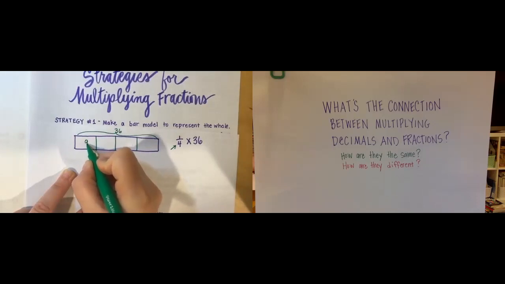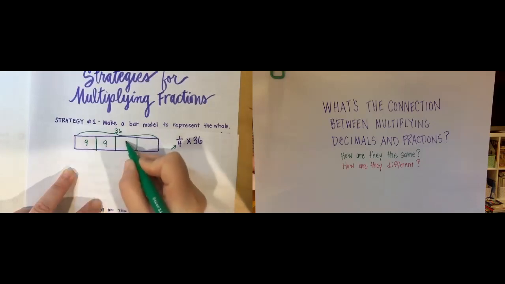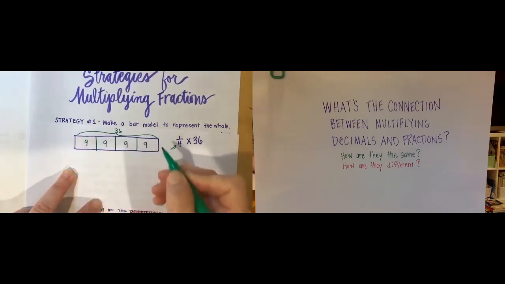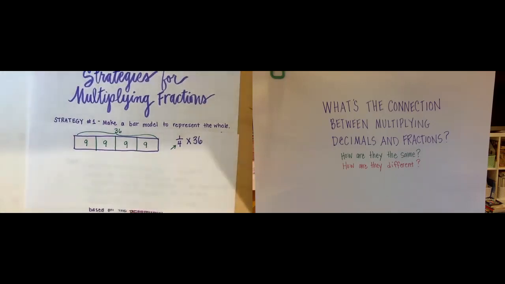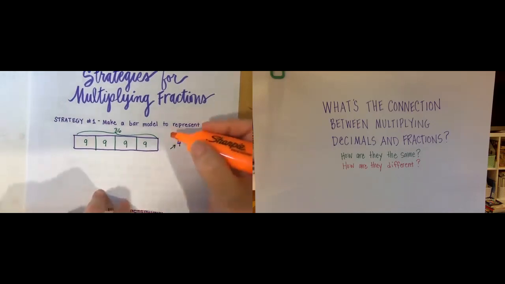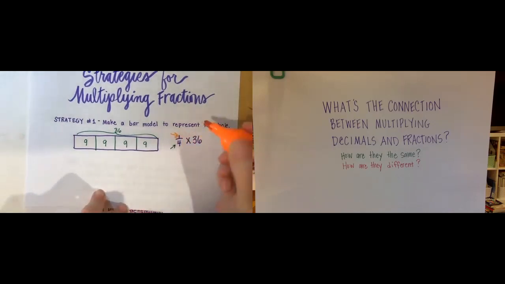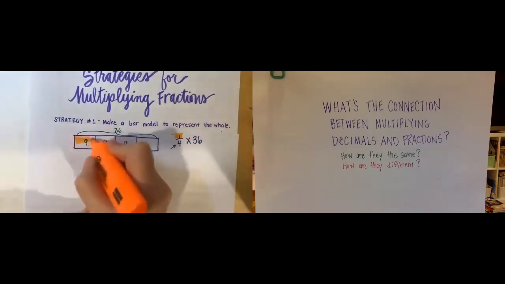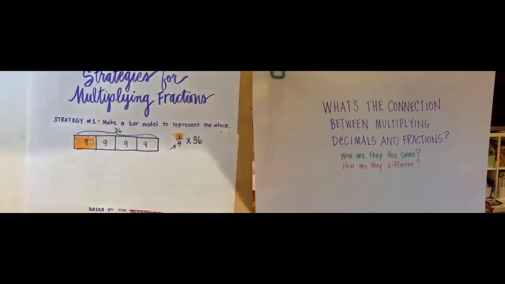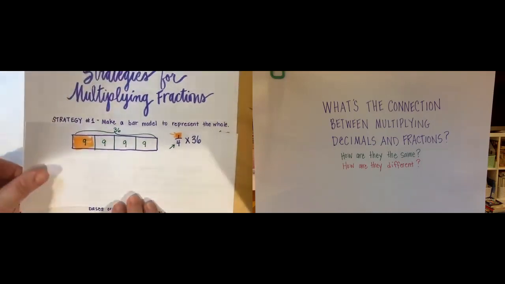I know that if I divide 36 into 4 equal parts, the value of each part will be 9. And then when I look at the numerator, it will tell me how many of those equal parts I need. I just need 1 equal part in this case, 9. So 1/4 of 36 equals 9.